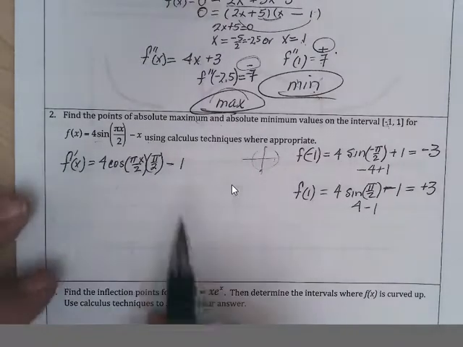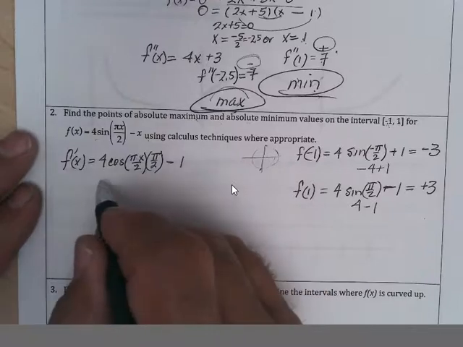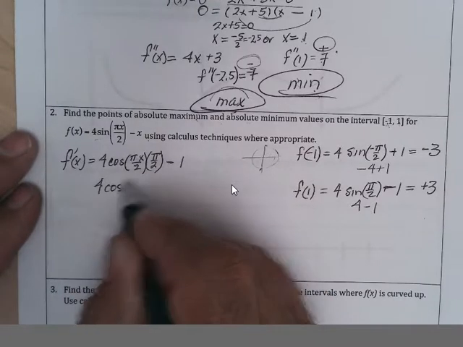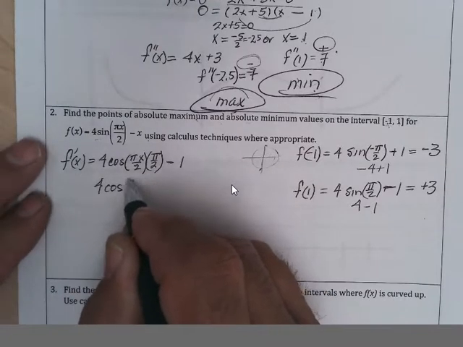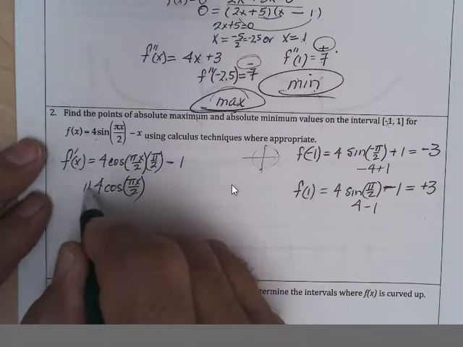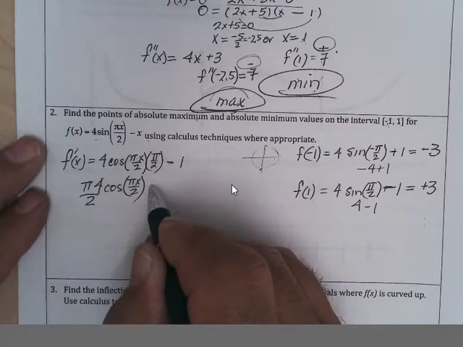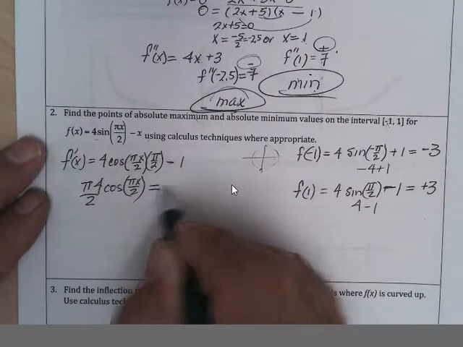So I'm going to set 4 cosine of pi x over 2 times pi over 2, minus 1, equal to 0. So I'm going to add 1 to the other side, and it's going to be equal to 1.